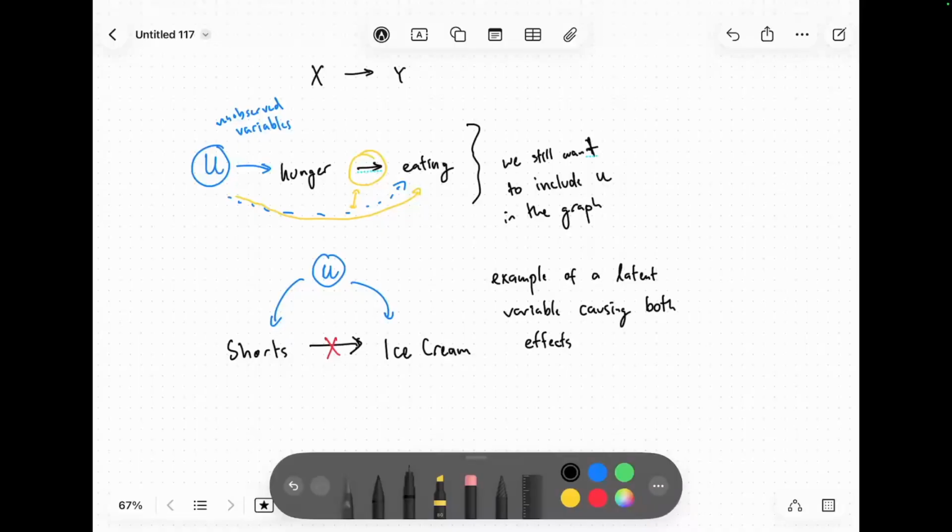So this would be warm weather causing people to eat more ice cream and also causing them to wear shorts. So people are more likely to wear shorts on days they eat ice cream, but it doesn't mean that they cause each other in any way.